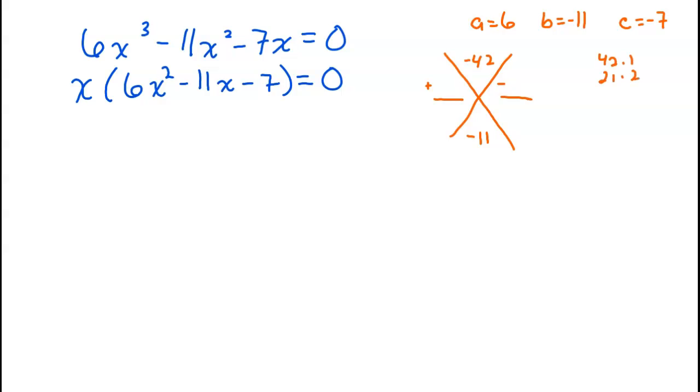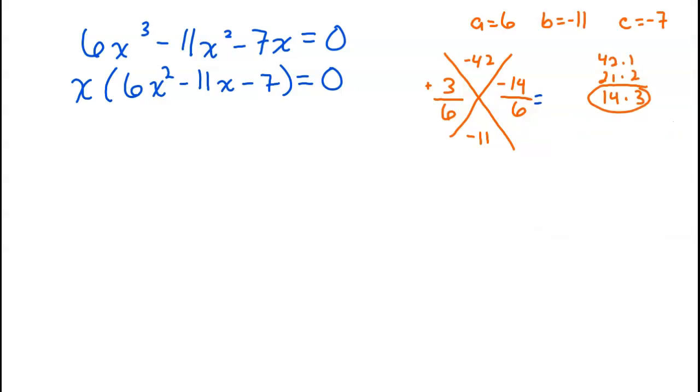Well, that doesn't help us any. 14 and 3. That might help us. If we have a negative 14 and a positive 3, that will help us. Remember to place both of those over a 6, over your A.